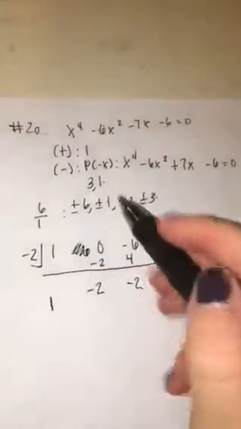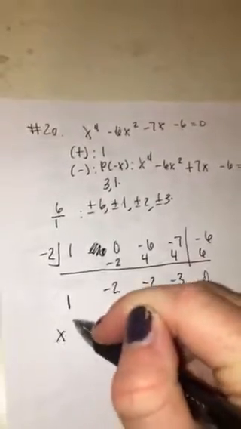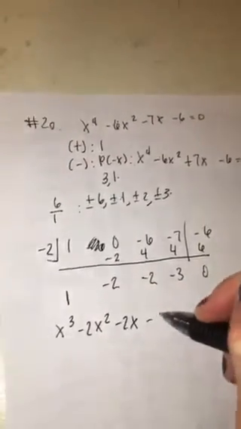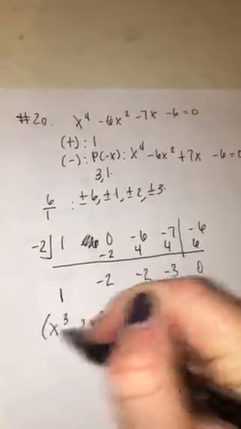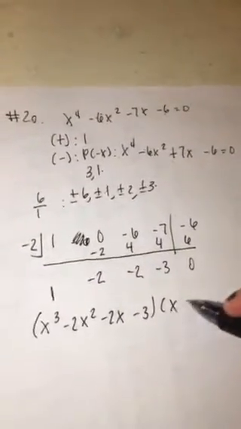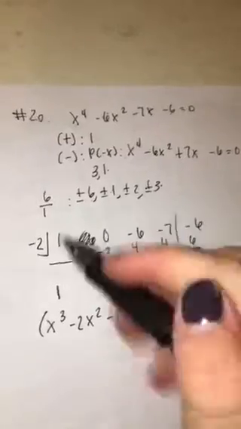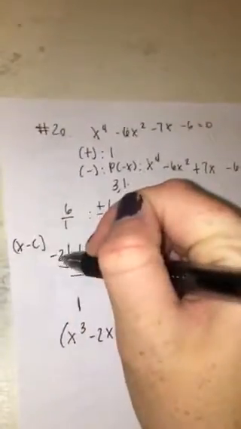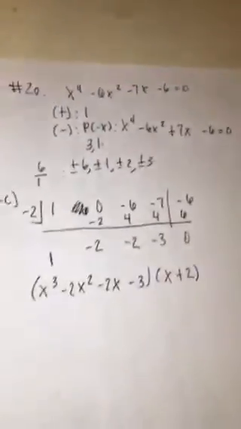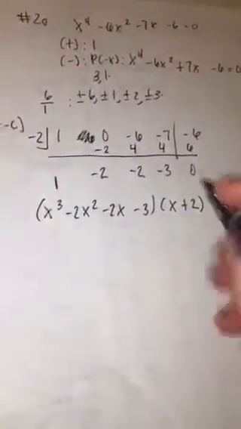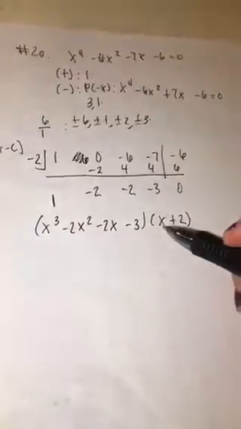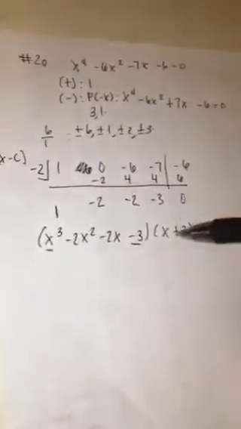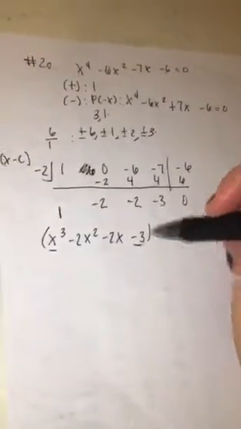So you'll have to rewrite your equation as x cubed minus 2x squared minus 2x minus 3 times x plus 2, because your original is x minus c, but since it's a -2, it'll become a positive. Okay, so then you can go through and find your possible roots from this now.